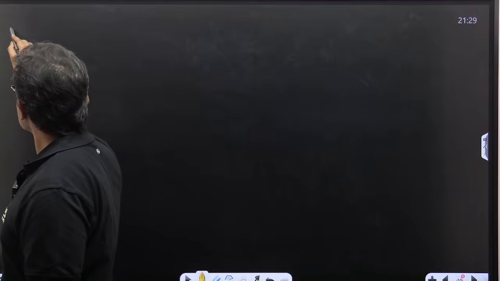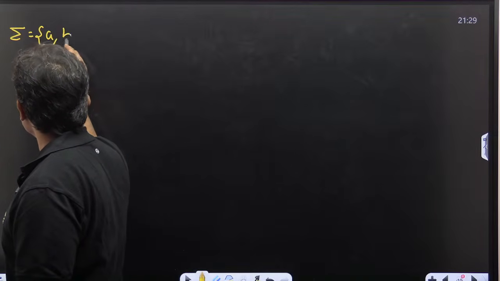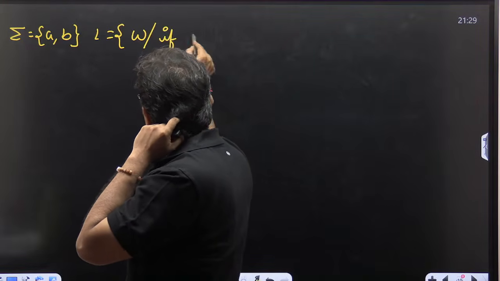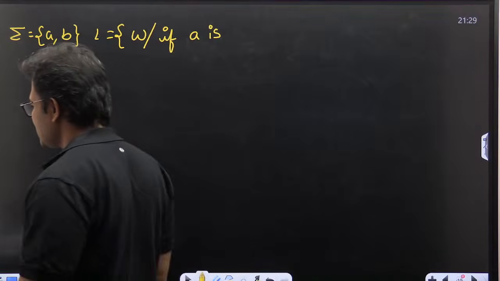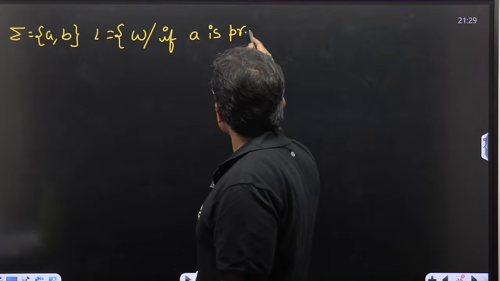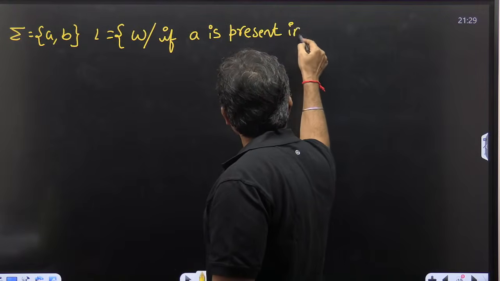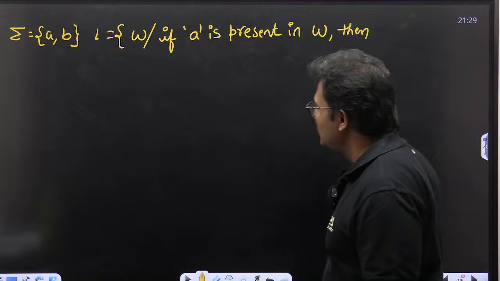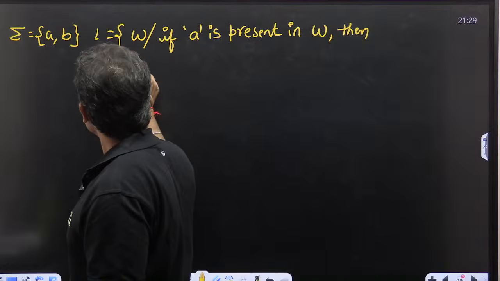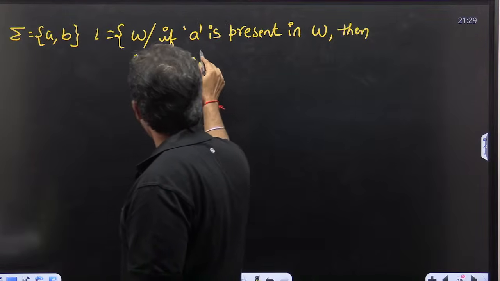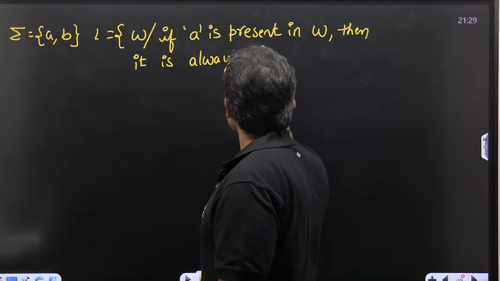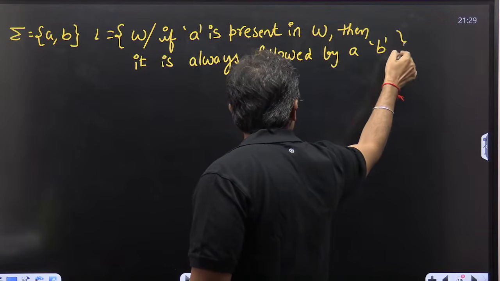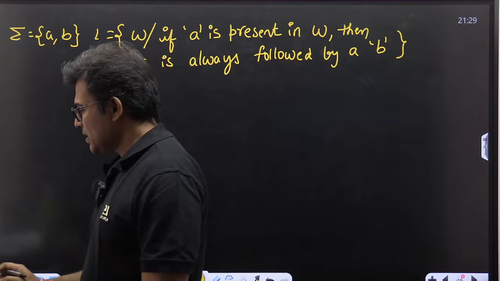The question is, sigma equal to {a, b}, and the language is the set of all strings w such that if a is present in w, then it is always followed by a b.